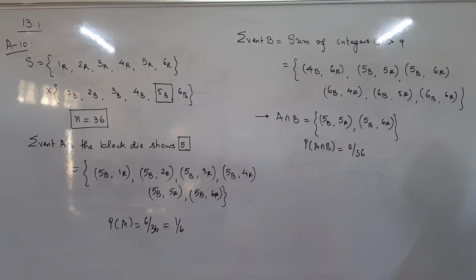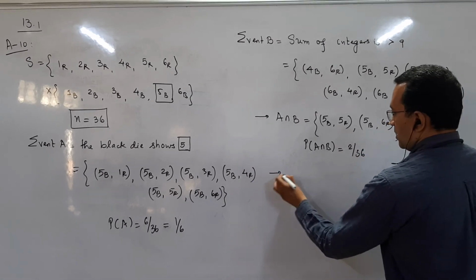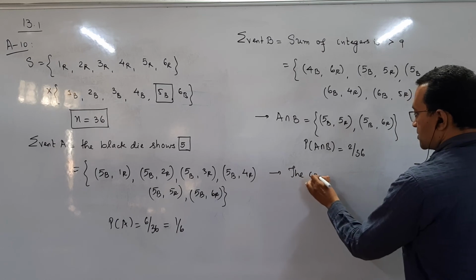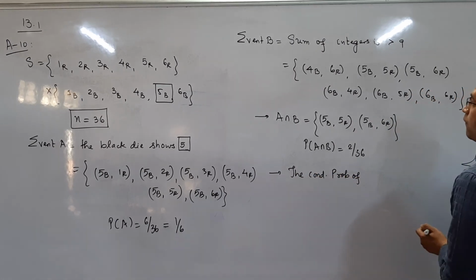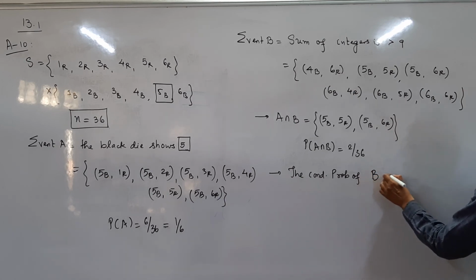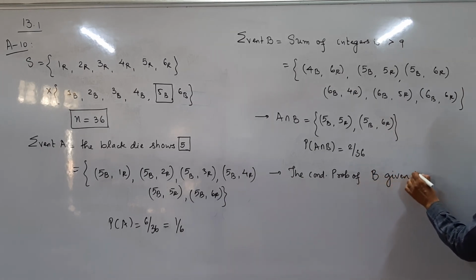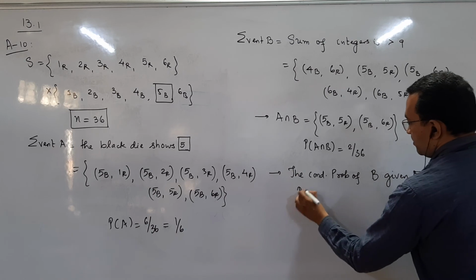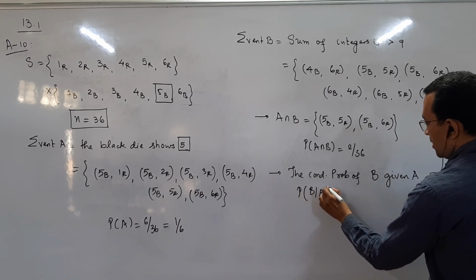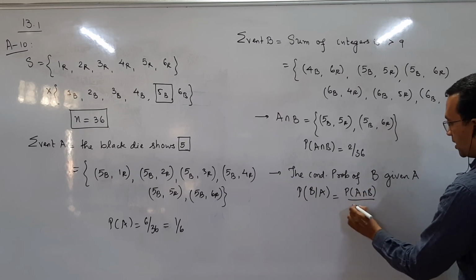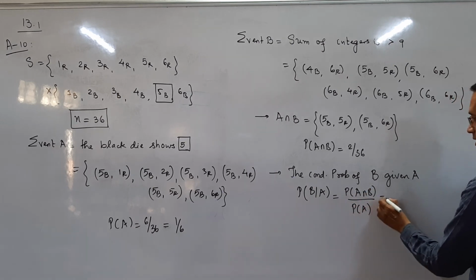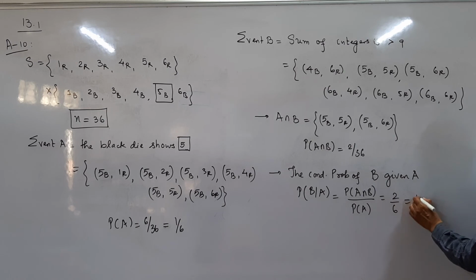Finally, the given event occurs first. So the conditional probability of B given A is P of B given A equals P of A intersection B upon P of A. So the answer is 2 by 6, and that is 1/3.